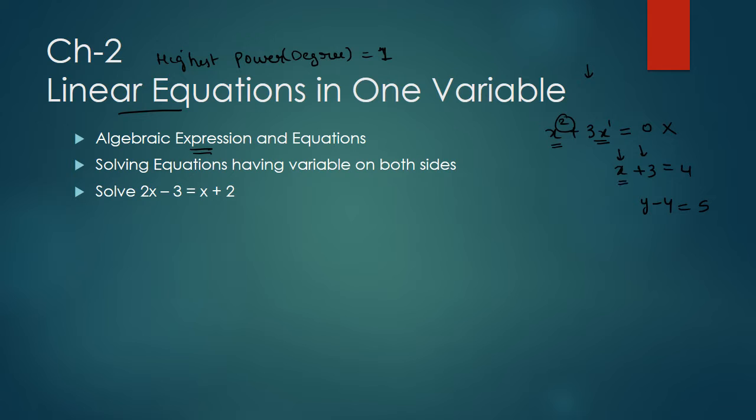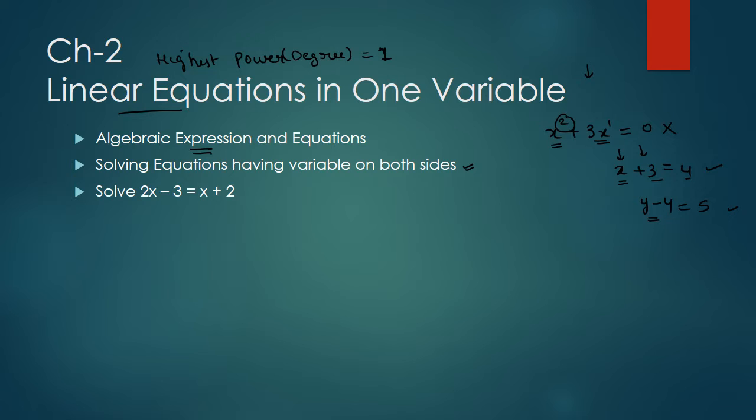Here the power of x is 1, we don't consider the power of constant, so it is a linear equation. It is also a linear equation. Okay. Now in our syllabus, some of the topics have been cut down. Now what is left is solving equations having variable on both sides.